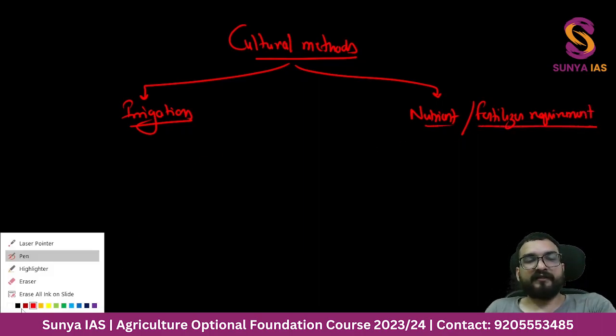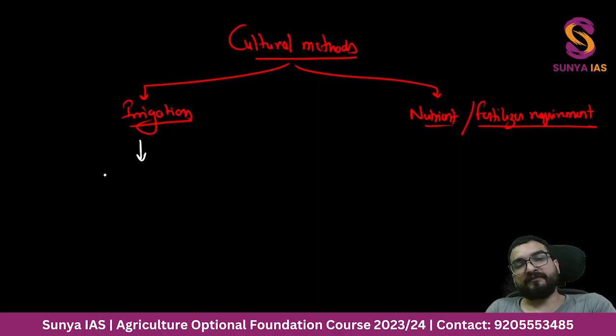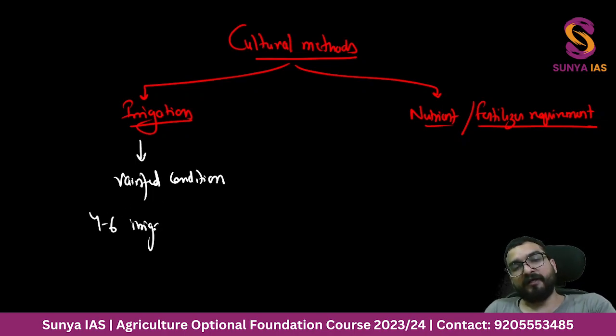Now irrigation of pineapple: it is mostly grown in a rainy season or rain-fed condition. Four to six irrigations are required at an interval of 20 to 25 days.